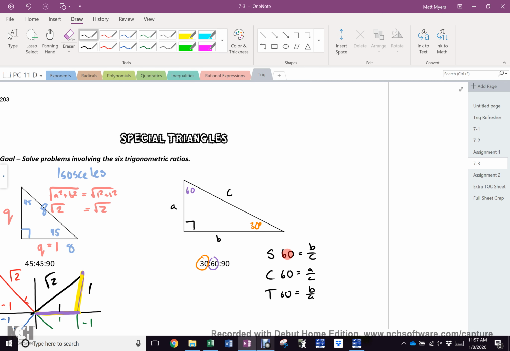That's a barfy fraction, right? Screw it. I don't want to work with 0.866. What's the cos of 60? 0.5. Well, that's a fraction I'm comfortable with, isn't it? What is that as a fraction? 1/2. Agreed?